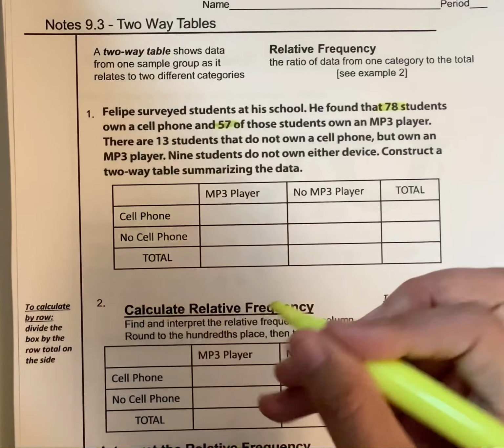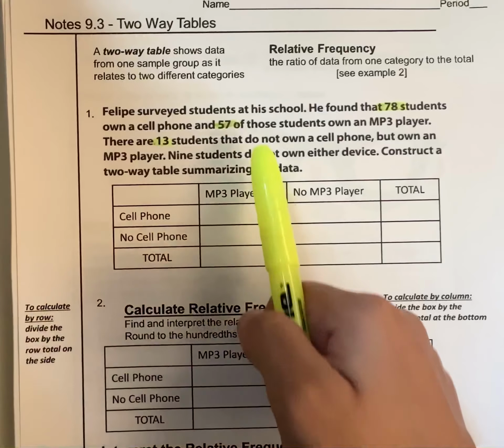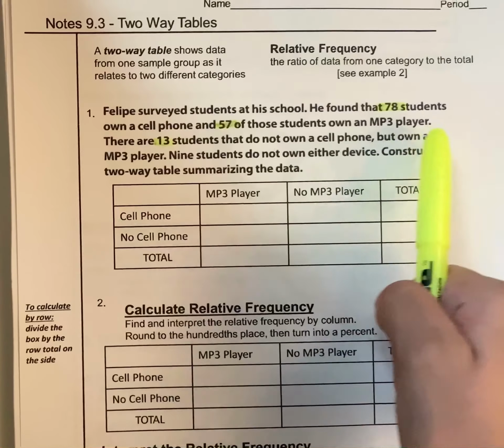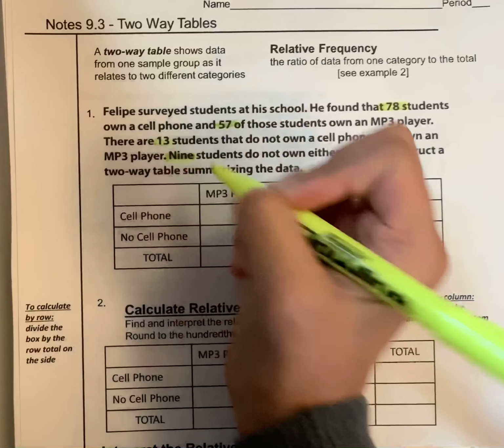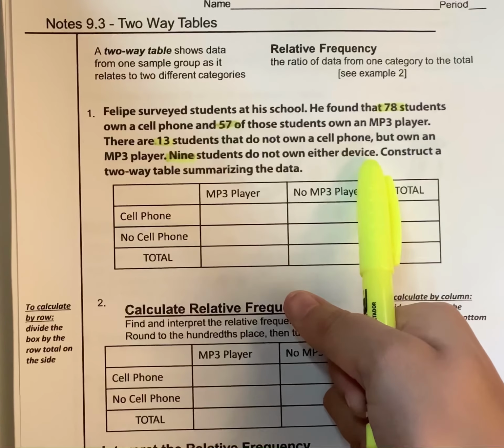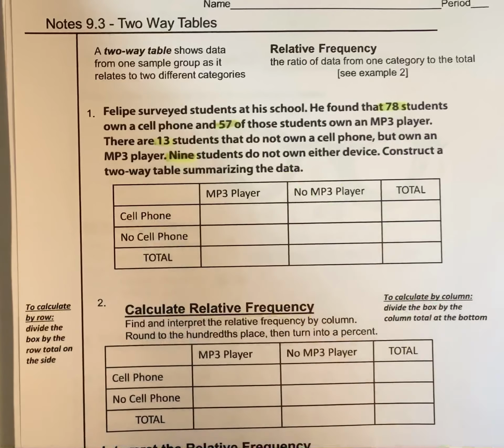There are 13 students that do not own a cell phone but own an MP3 player, and 9 students do not own either device. Construct a two-way table summarizing the data.